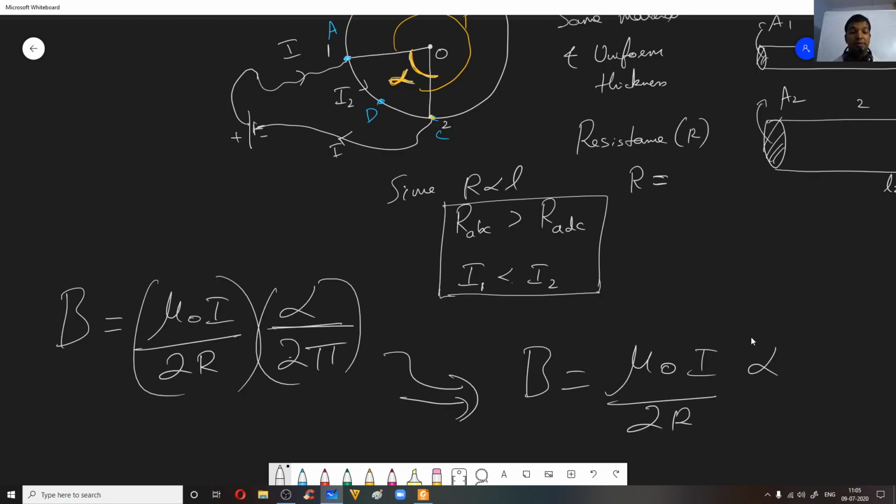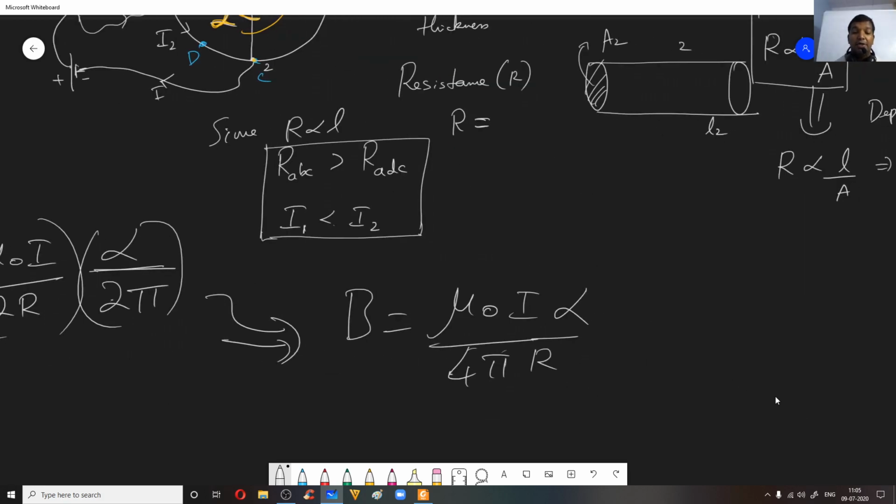So totally you could have written it as mu naught I alpha divided by 4 pi r. You don't have to learn this formula by heart, it's just based on logic. Now remember, this is the magnetic field at the center due to an arc which is subtending an angle alpha.